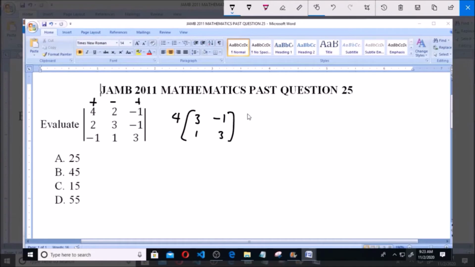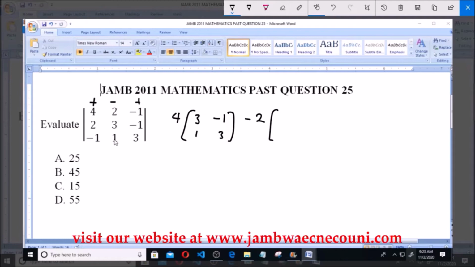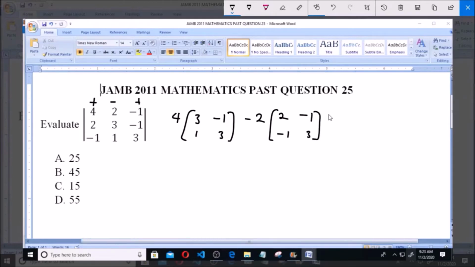Then minus 2 into, now you won't pick anything under 2. So you pick under 4, which is 2, and under minus 1, which is minus 1, then minus 1, 3. Then plus minus 1 into 2, 3, minus 1, 1.